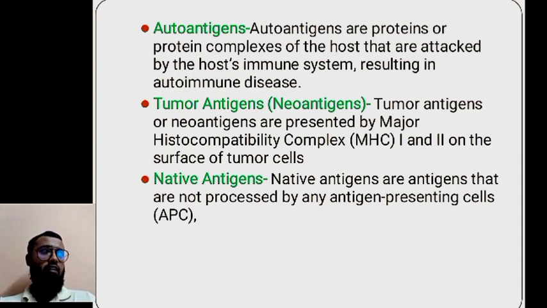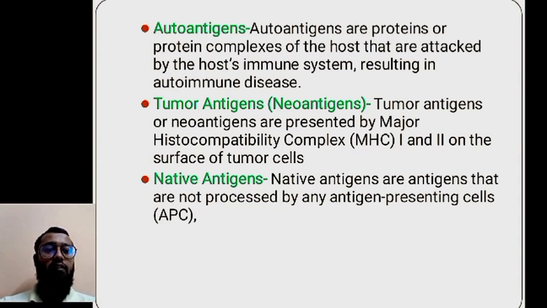These antigens usually do not induce any immune response until tumor formation, because tumors have fewer antigen presenting cells, but even so our body cells like T cells can differentiate and express it. The last type of antigen is the native antigen.